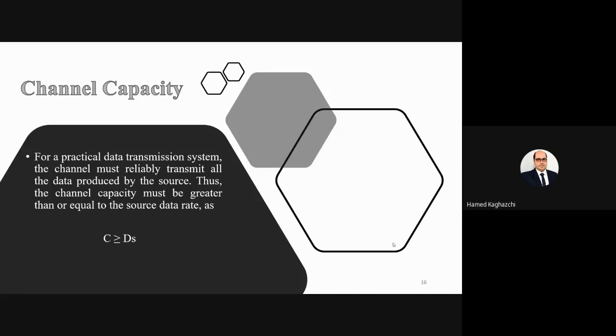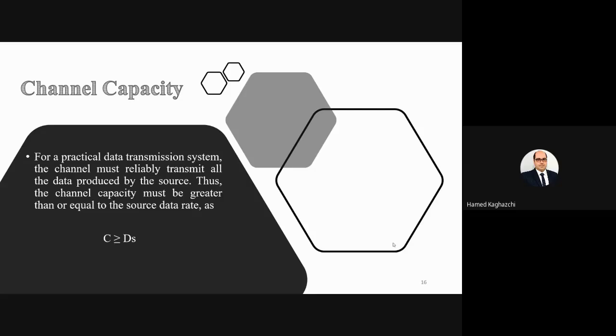Now, for transmitting practical data, we can say that in a practical data transmission system, the channel must transmit all the data that is produced by the source.